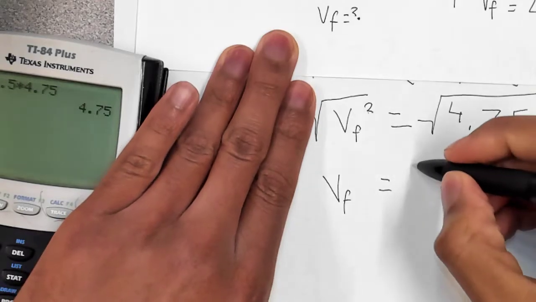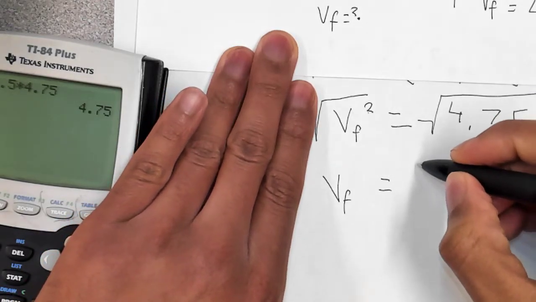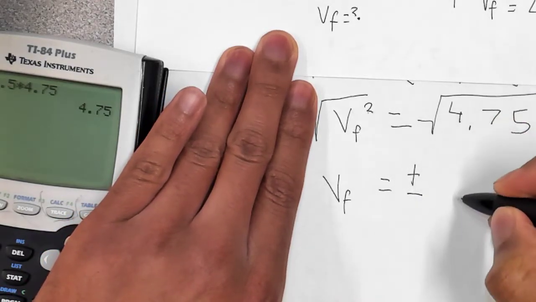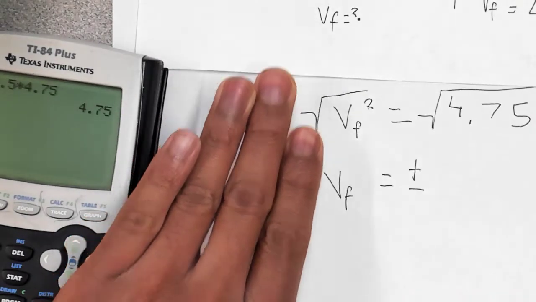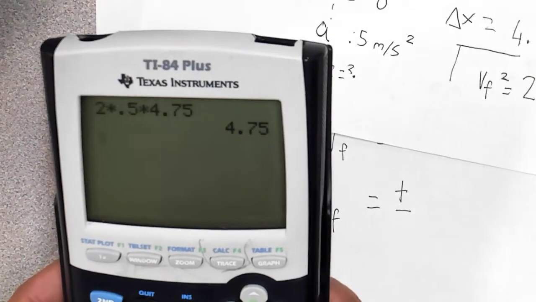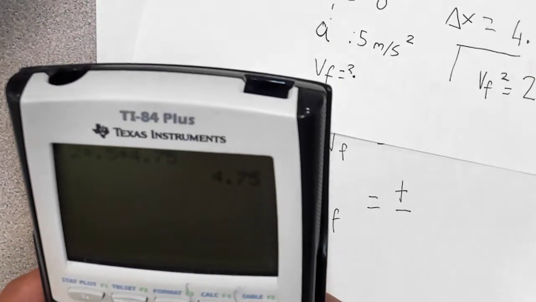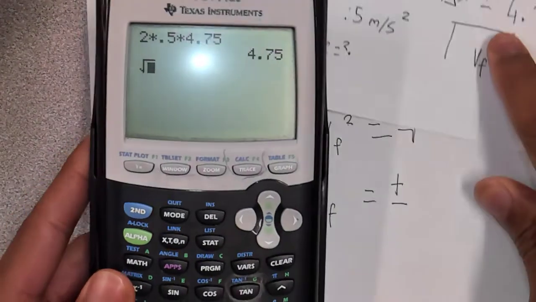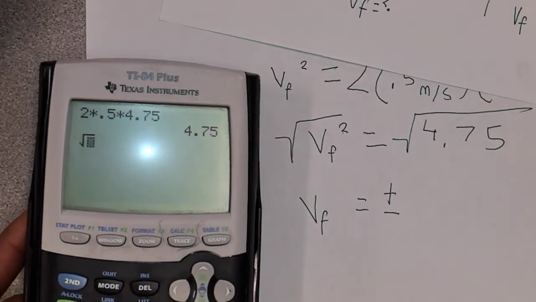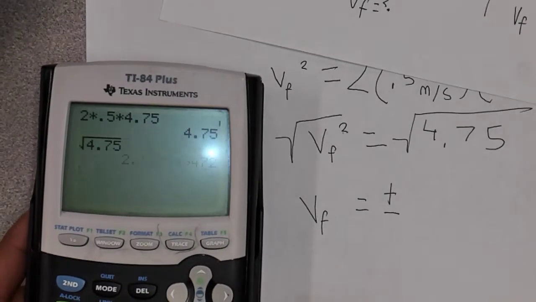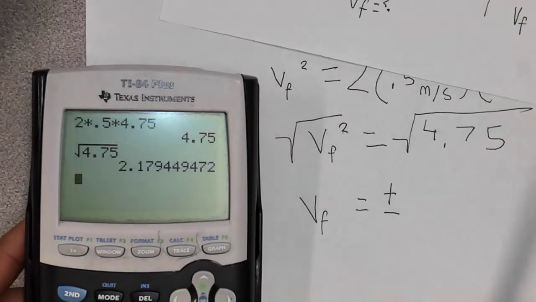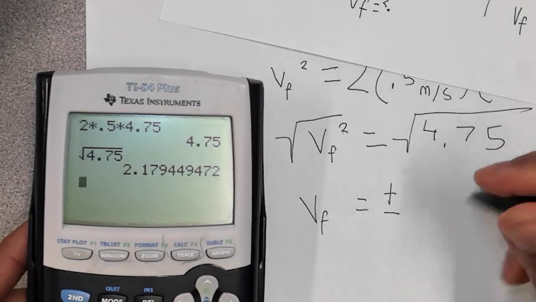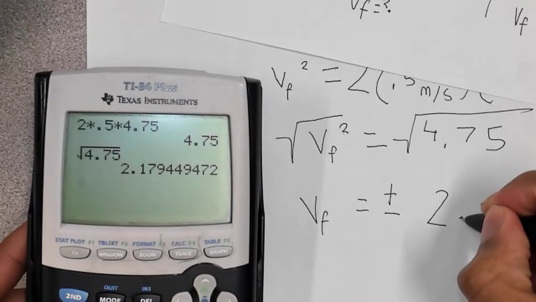Don't fall for that trick. Before you start plugging into your calculator, remember it's plus or minus. Now, let's take the square root. Square root of 4.75 equals, I'll round to the second decimal, just say 2.18.